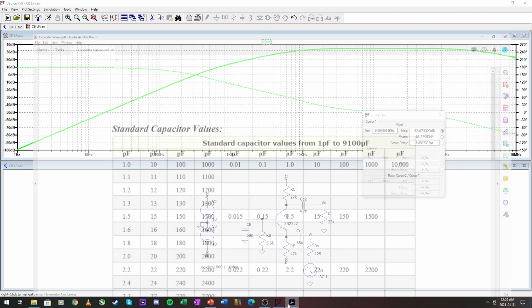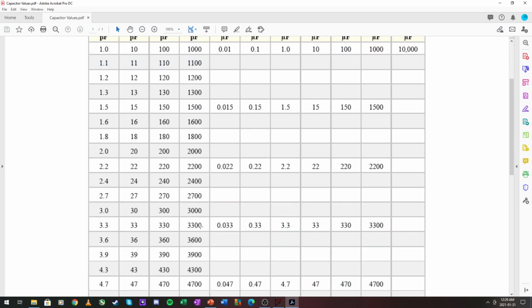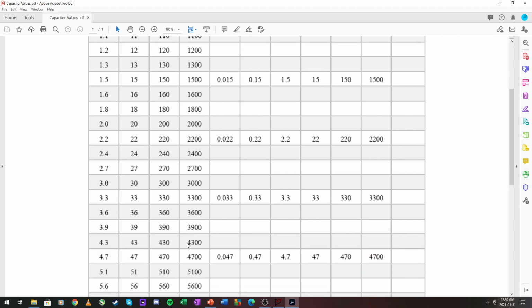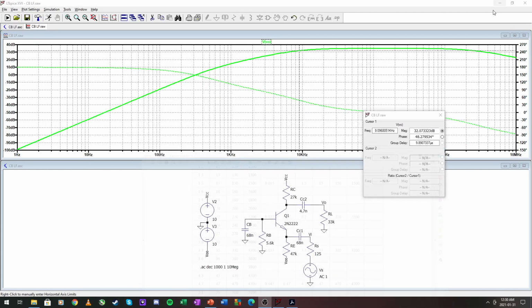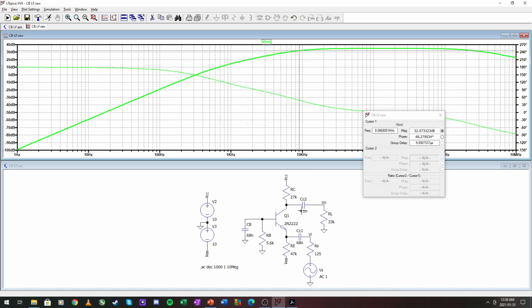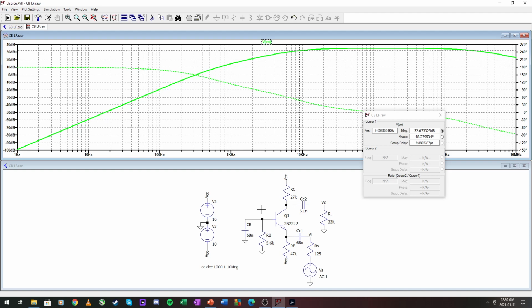So if I open my capacitor table here, we are looking at the nanofarad range. And we picked a 4.7 nanofarad where we had 5.3 nanofarads right here. So .1 is available.